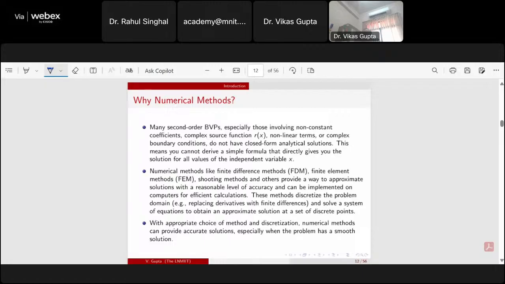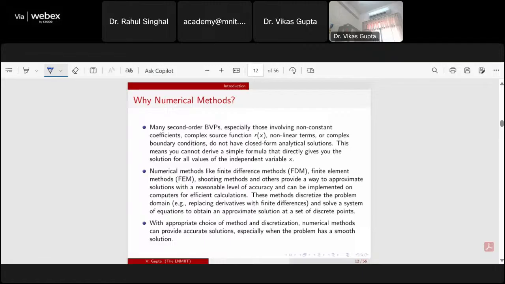In these methods, first we discretize the domain, and then derivative terms are replaced by algebraic equations. In the case of the finite difference method, derivative terms are replaced by difference formulas, and ultimately, whether you are using FDM or the finite element method or the collocation method, all these methods lead to a system of linear or non-linear equations which you can solve easily by using any numerical method.